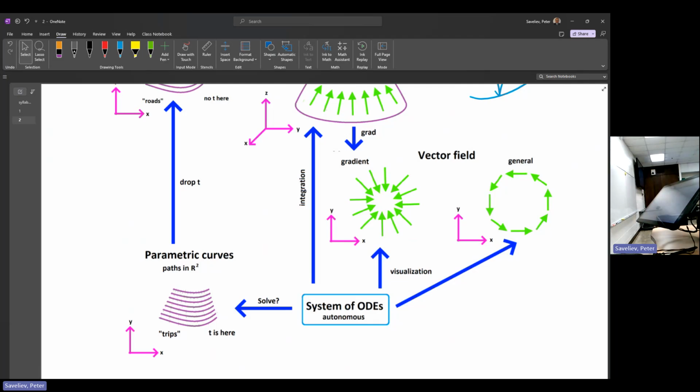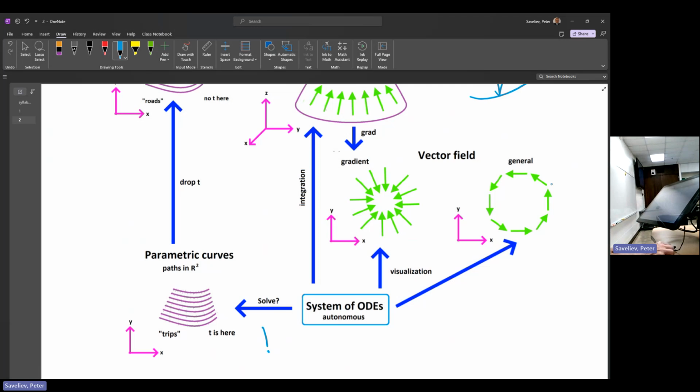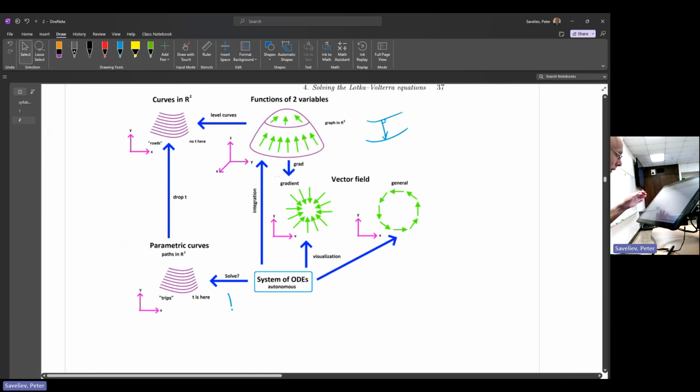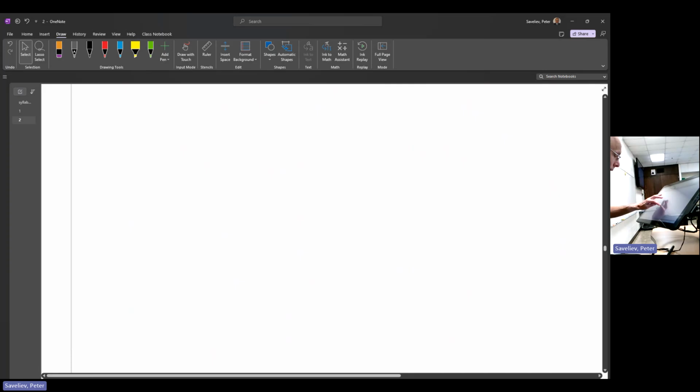So that is all you see in calculus 3 primarily. We're not much concerned with that here, and if we are unable to do that, we usually just resort to Euler's method and what's coming up, quantitative analysis. Okay, so we'll come back to that as necessary.